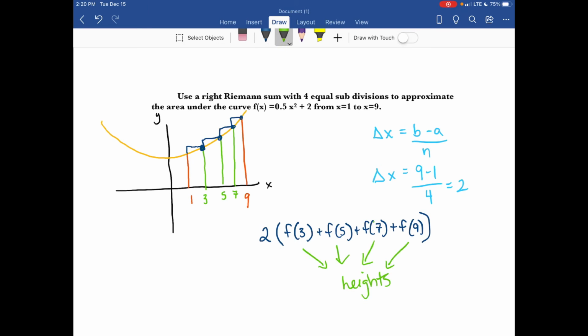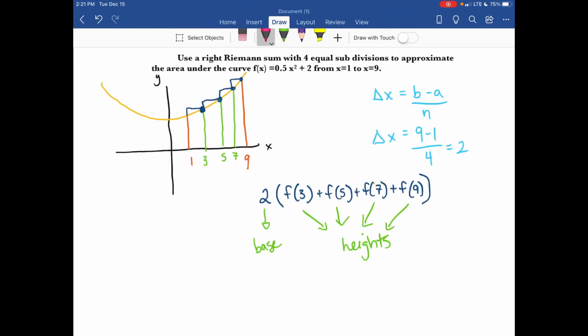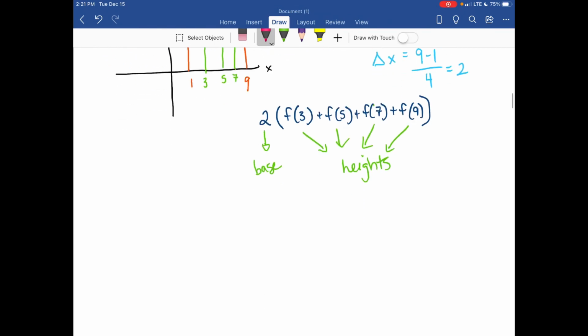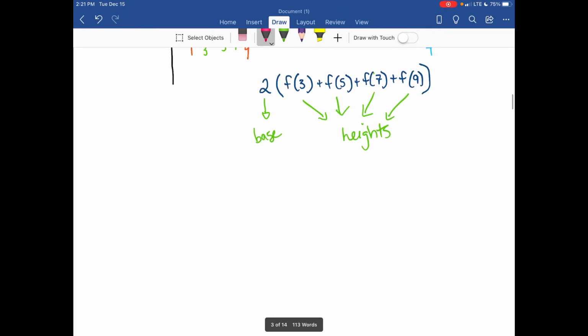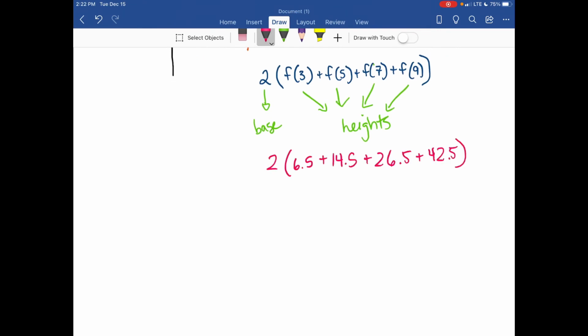Since all of those values are the heights of our rectangles, and we know that 2 is the base. So next, I would have my calculator ready, and I would put this equation into my y1 and evaluate what y1 of 3, y1 of 5, 7, and 9 are. And when we calculate it, we end up with this, which later gives us a total of 180.